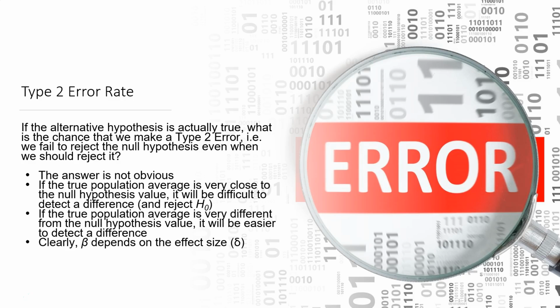If the true population average is very close to the null hypothesis value, it's going to be very difficult to detect a difference and end up rejecting that null hypothesis. If the true population average is very different from the null hypothesis value, it's much easier to look at that difference. So this is really going to come down to your beta value. Your type 2 error rate is really going to depend on the effect size that you have for your analysis.